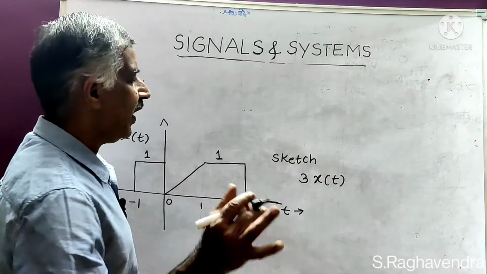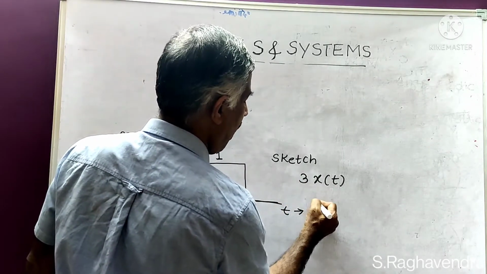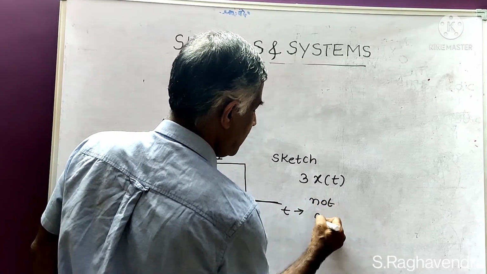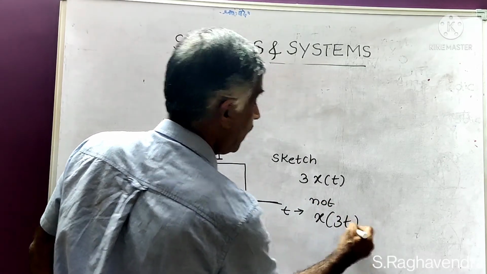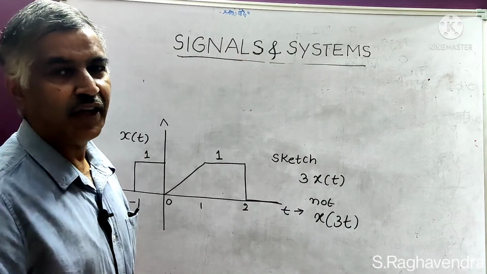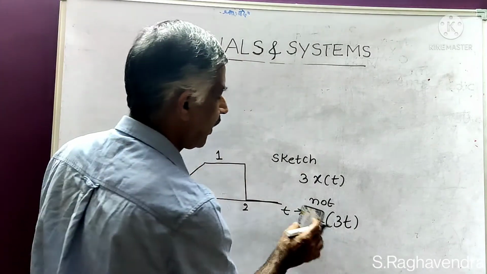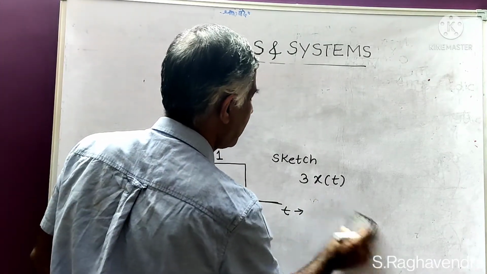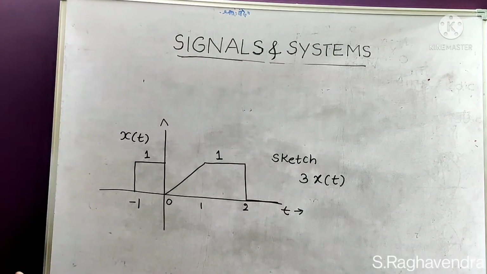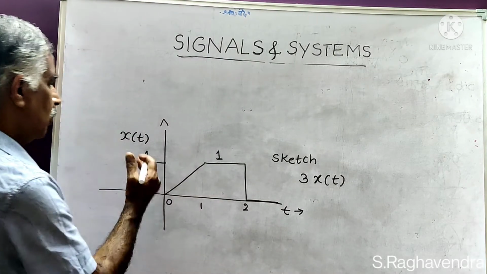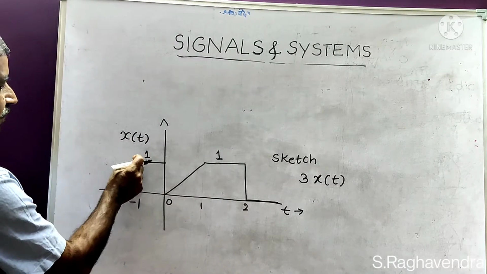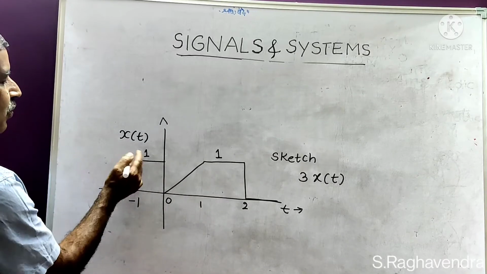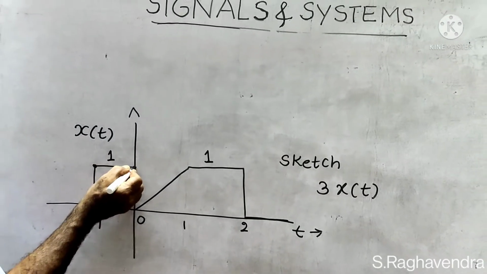One point, keep it in mind. It is 3 times xt, not x of 3t. x of 3t gives a different meaning. It is not required now. Now I am sketching 3 times xt. You take these corner values.